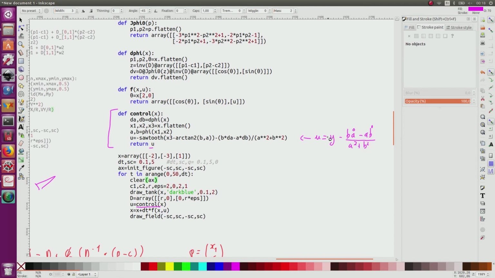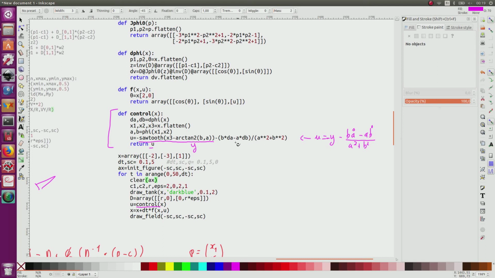But the error y was given by this error here, so it's here it corresponds to y.